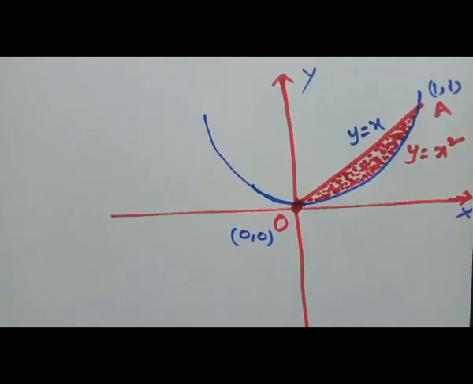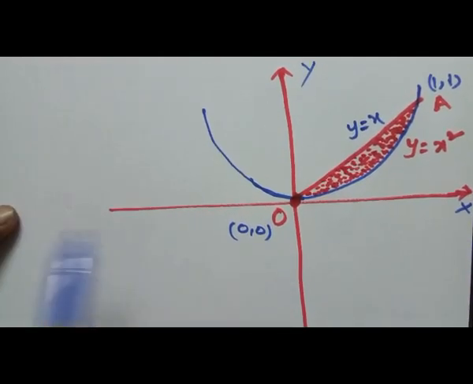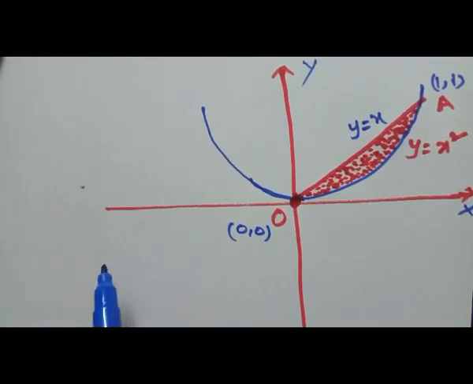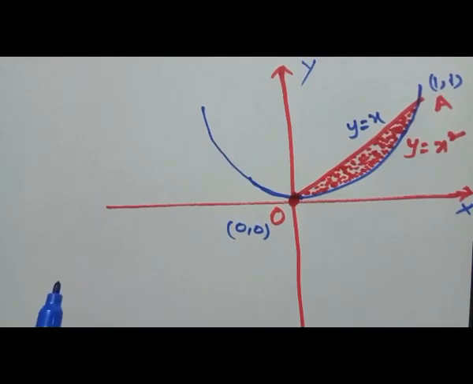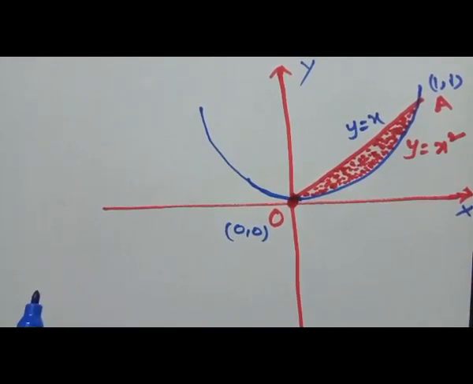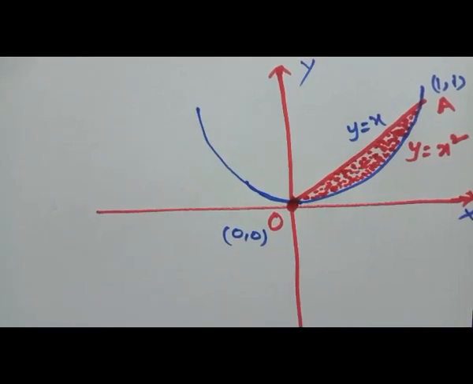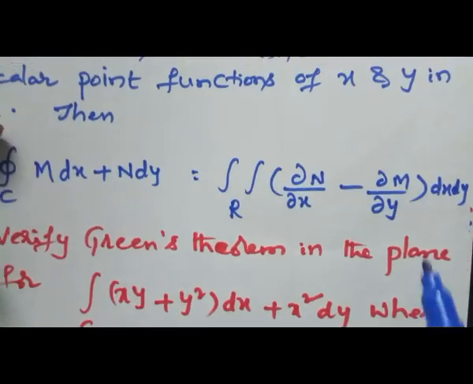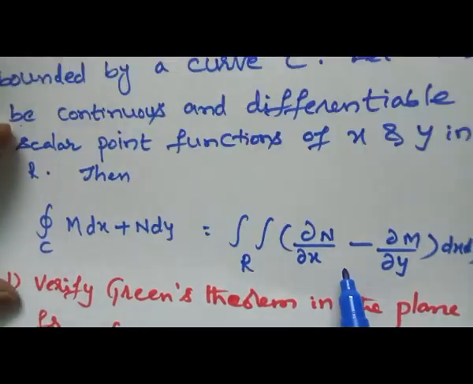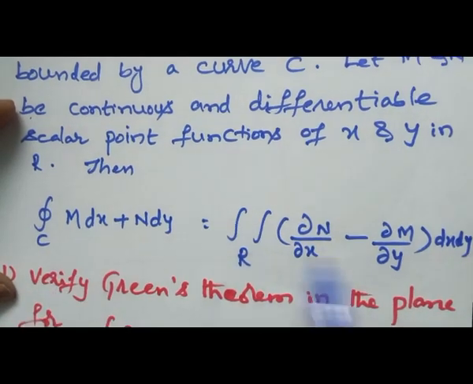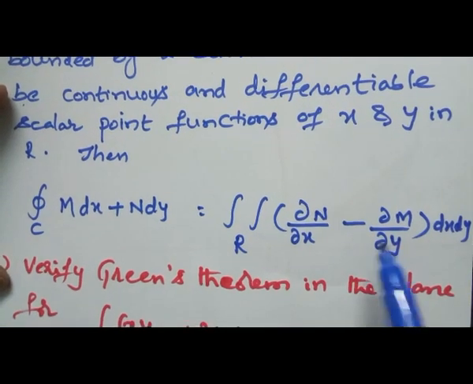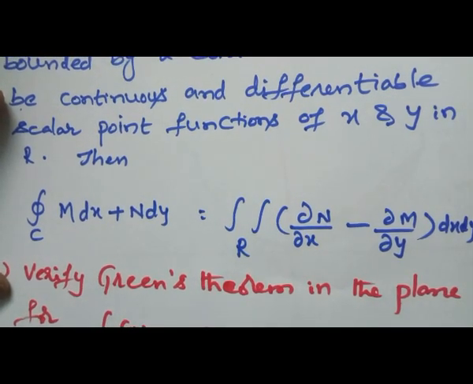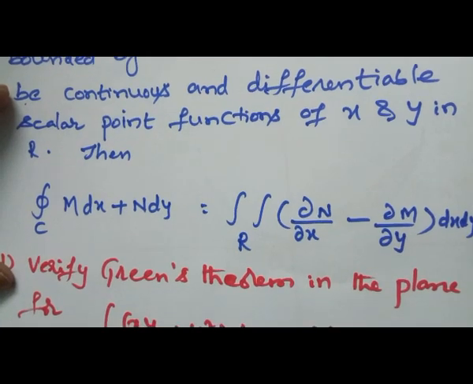Now verify Green's theorem. Verification of Green's theorem. First, what is the statement of Green's theorem? Integral over C M dx plus N dy is equal to double integral over R of ∂N/∂x minus ∂M/∂y into dx dy. We have to verify that the left hand side and the right hand side are both equal. Then we can say that Green's theorem is verified.